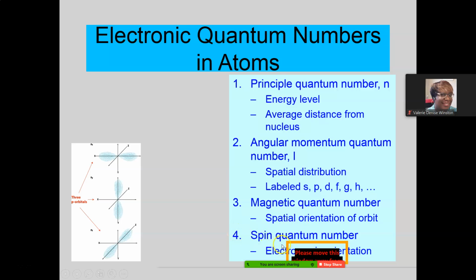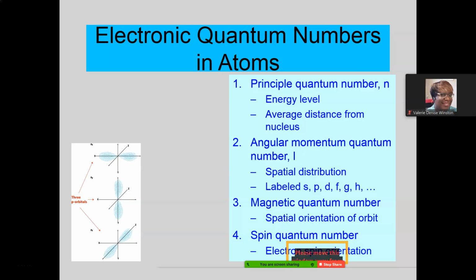And then finally, we have the spin quantum number. The spin quantum number is really simple. There's only two. One's up and one's down. Quite often they'll say plus 1/2 and minus 1/2, plus being up, minus being down. And since electrons can go anywhere they want to, how do they know what's up and down? That's just what we use.